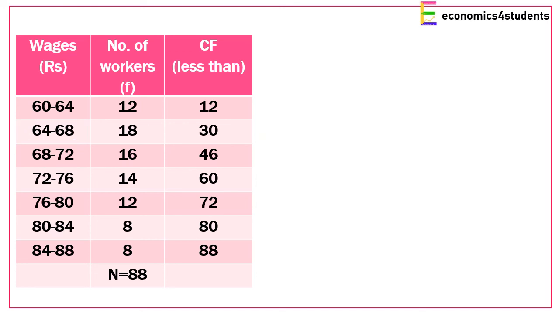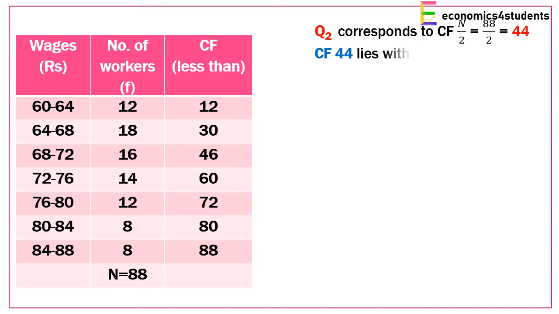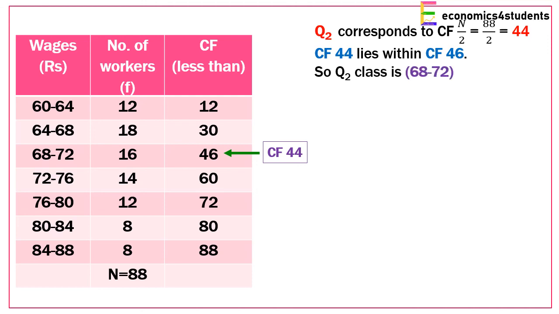Next, we will find Q2. Q2 corresponds to cumulative frequency n by 2, which is equal to 44. Cumulative frequency 44 lies within cumulative frequency 46. So the Q2 class is 68 to 72. Therefore, L is equal to 68, CF is equal to 30, f is equal to 16, I is equal to 4.